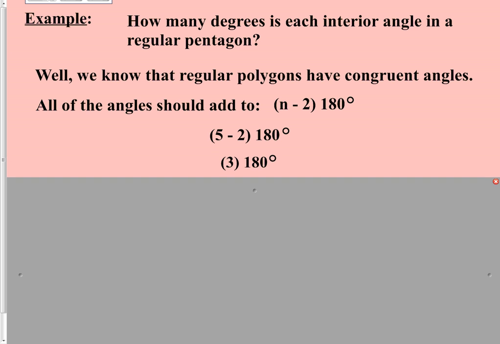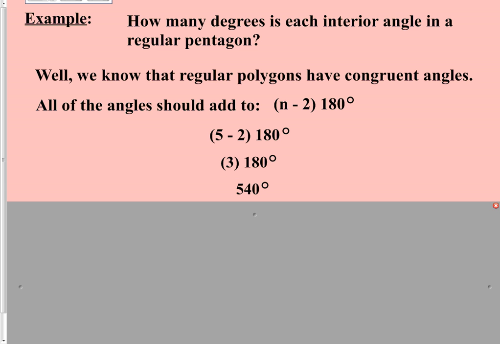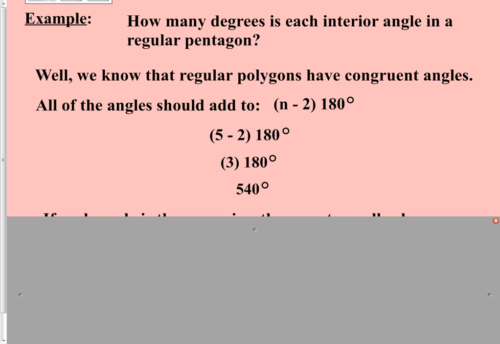5 minus 2 is 3, and 3 times 180 is 540. So the interior angles in a pentagon add to 540 degrees. That's the total of all of them, not for just one. So how can we figure out how much just one angle will be?